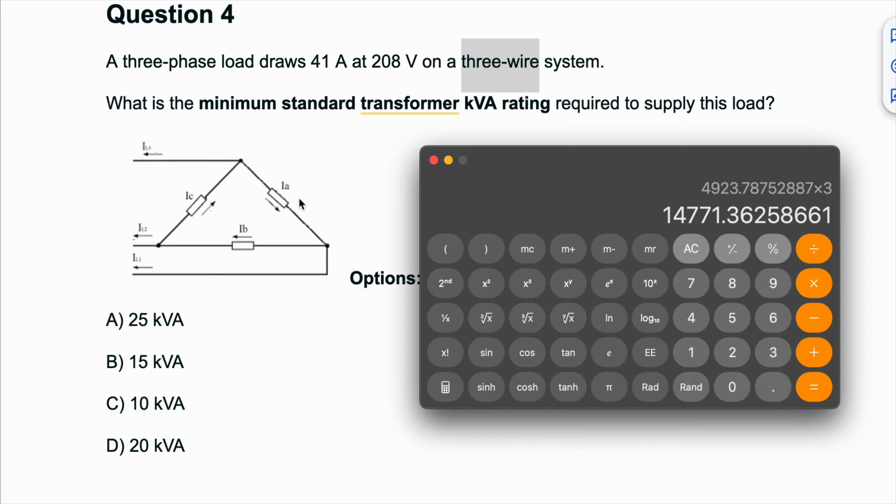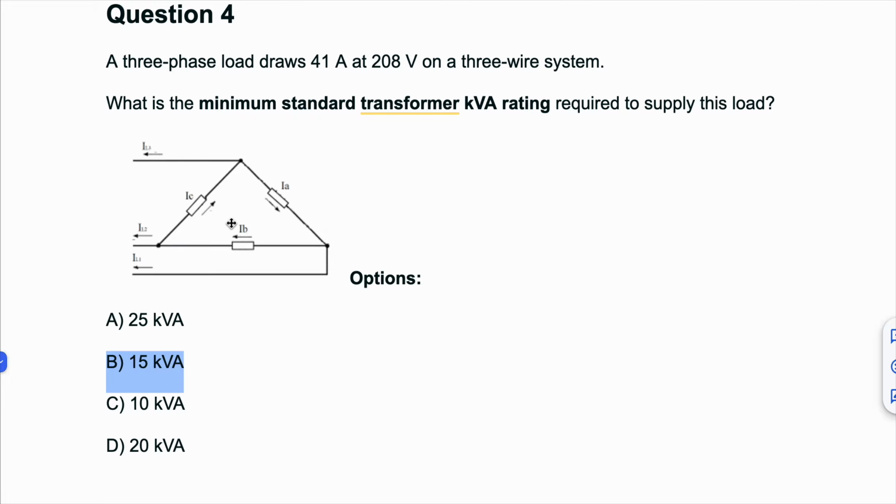It is the total load of this three-phase load. So what kind of minimum standard transformer do we need? We need a 15 kilovolt ampere transformer, which is enough for this load. So this is the answer.